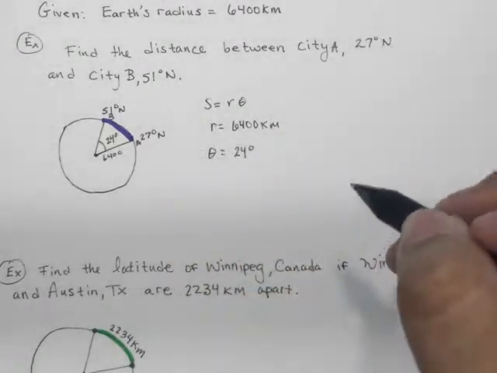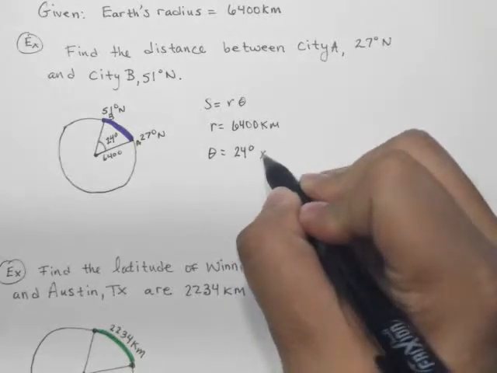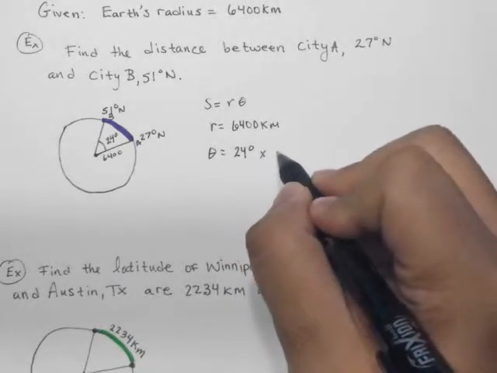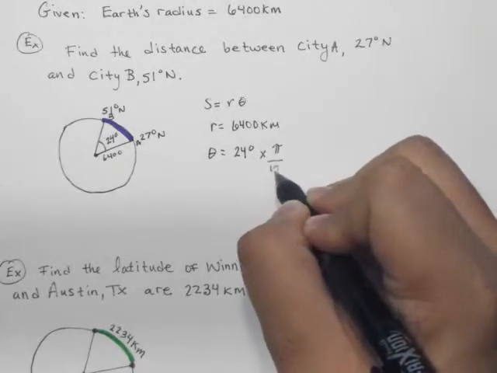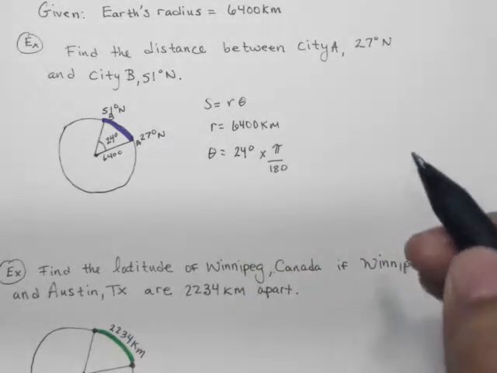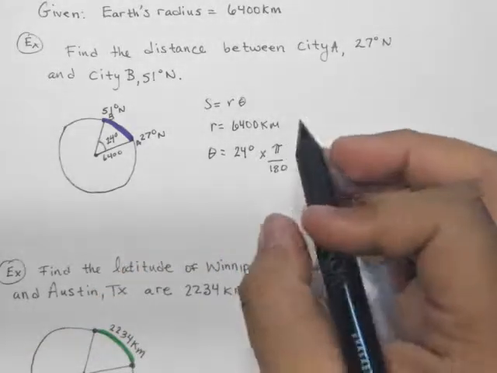But remember, for arc length, it is necessary for the angle theta to be in radians. So we're going to multiply then by our conversion factor, 24 times pi over 180. So this is quite simple. This is something that you could just do on your calculator.